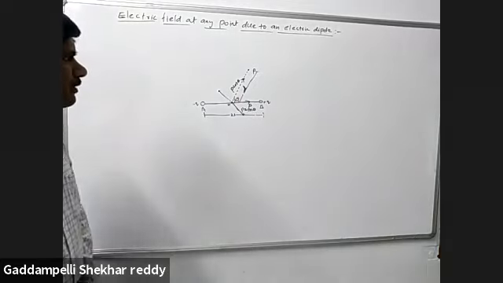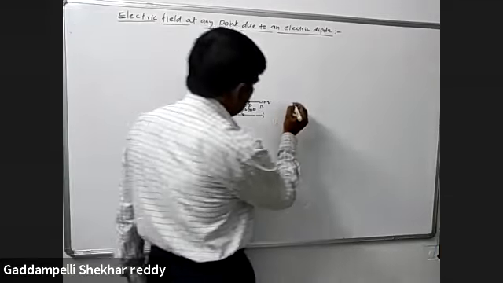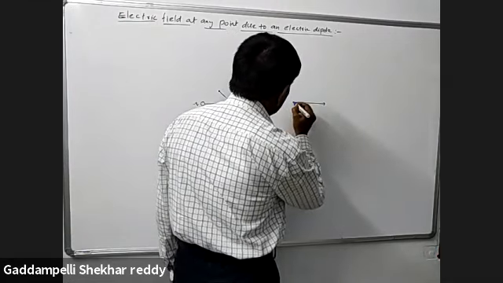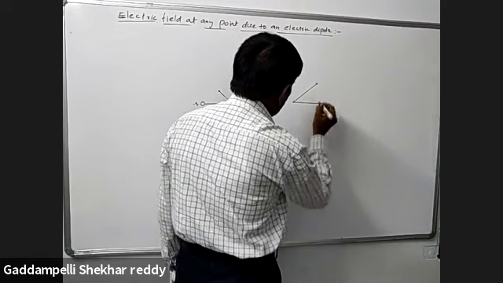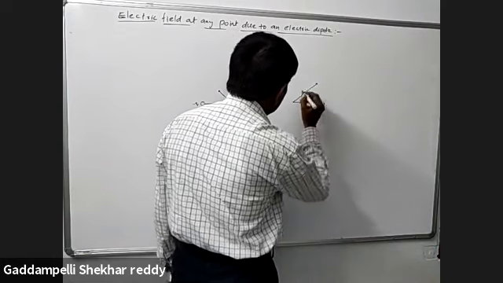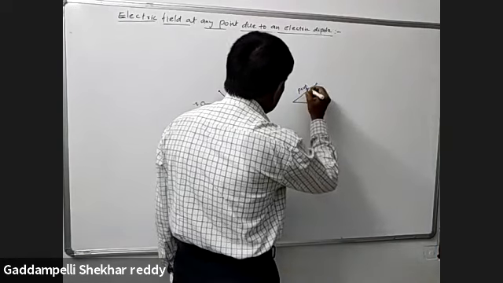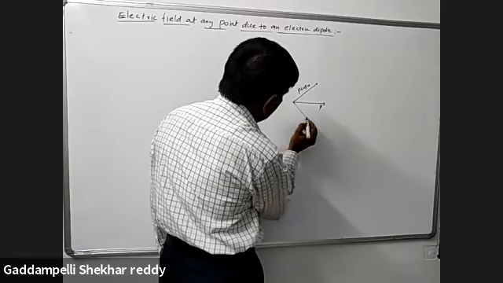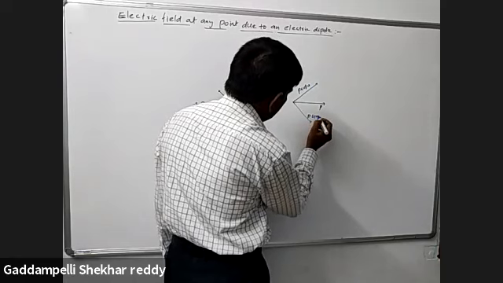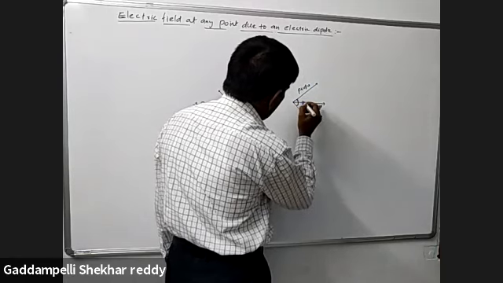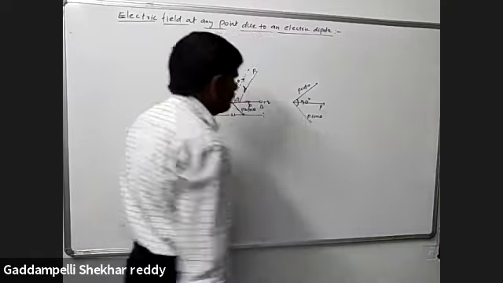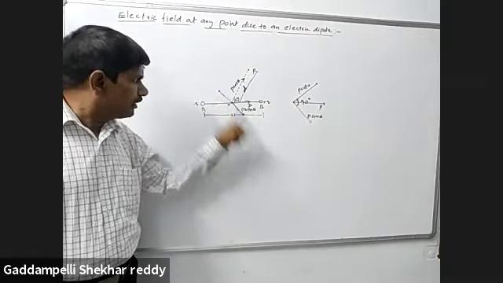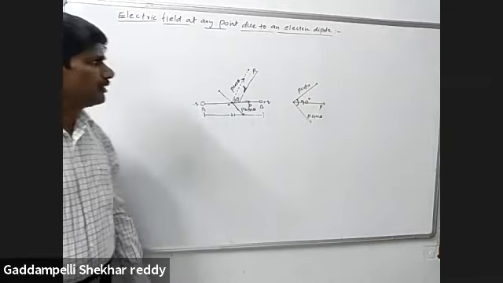Here the original dipole moment is P, with components P cos theta and P sin theta, and the angle between these two components is 90 degrees.